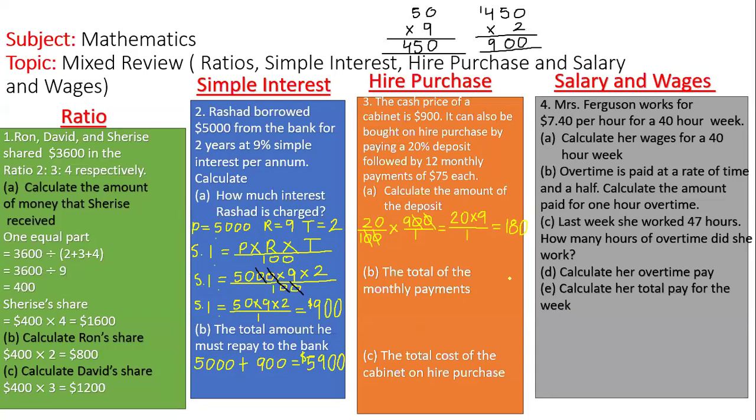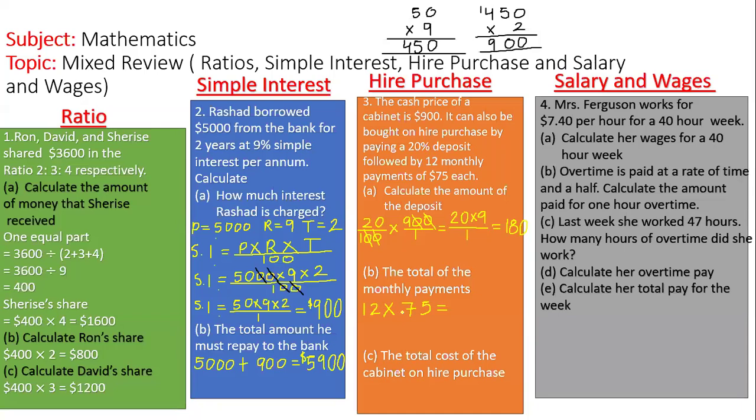So we have 12 multiplied by 75, which is going to be 900.